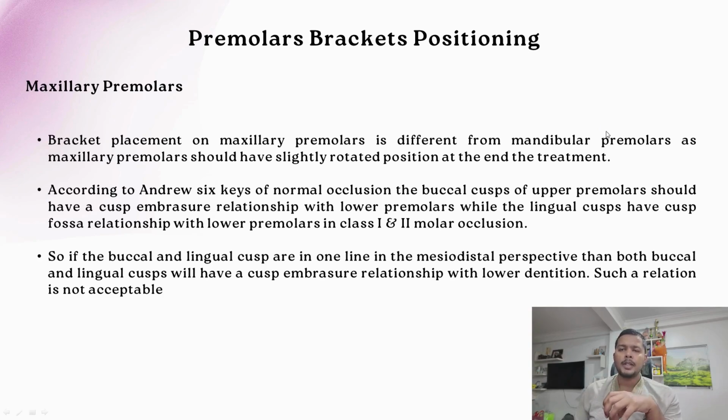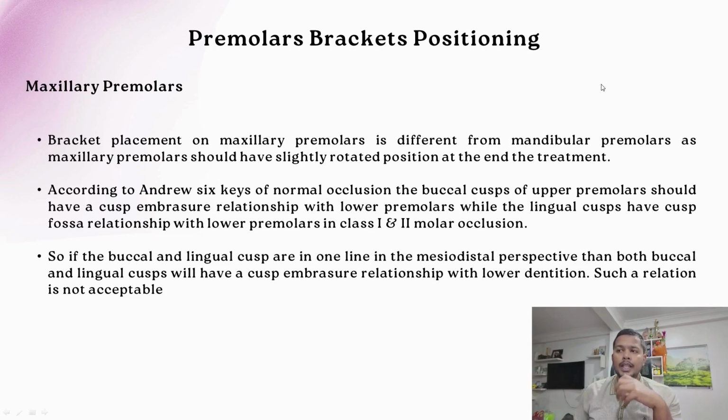The bracket placement on the maxillary premolars is different from the mandibular premolars, as maxillary premolars should have a slightly rotated position at the end of the treatment. According to Andrews' six keys of normal occlusion, the buccal cusps of the upper premolars should have a cusp embrasure relationship with the lower premolars, while the lingual cusps have a cusp fossa relationship with the lower premolars in class 1 and class 2 molar occlusion, so that the upper and lower teeth have very good interdigitation.